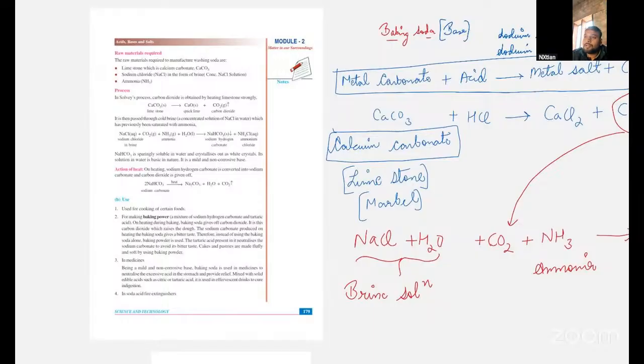Then I said there is no baking soda. Then my mama said, no, no, bring the baking powder. I said okay, so there is baking powder. I said, you asked me for baking soda. She says both are same, just different packaging, different name. Some put baking powder and some put baking soda.